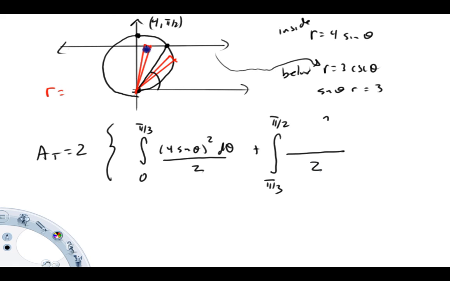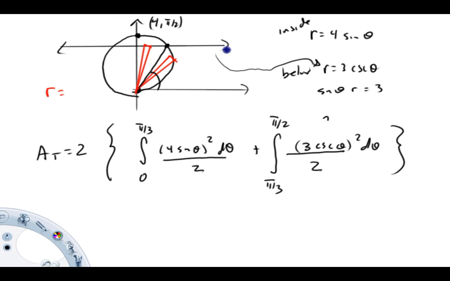Now the r is defined by the curve 3 cosecant theta. And there's our setup. This expression should give the total area bound within the circle and below the line.